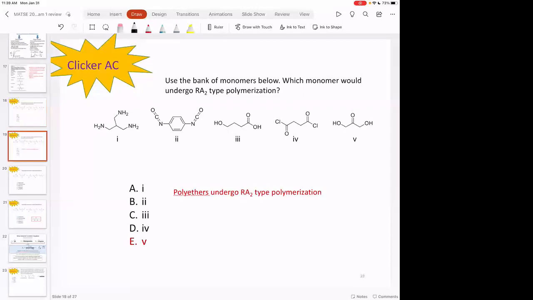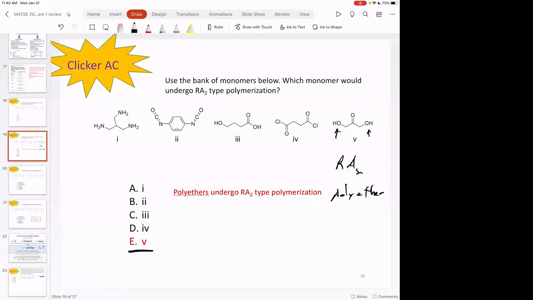Okay, and the answer is 5. Because we know that this is an alcohol, this is an alcohol, and the only RA2 polymerizations that we studied were condensation of alcohols to form polyethers.